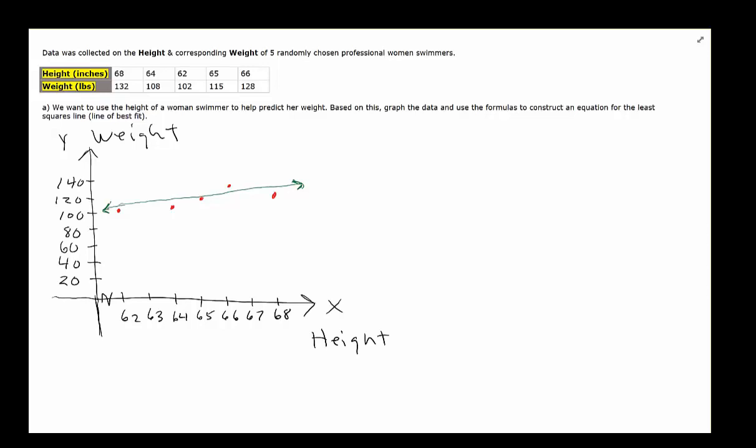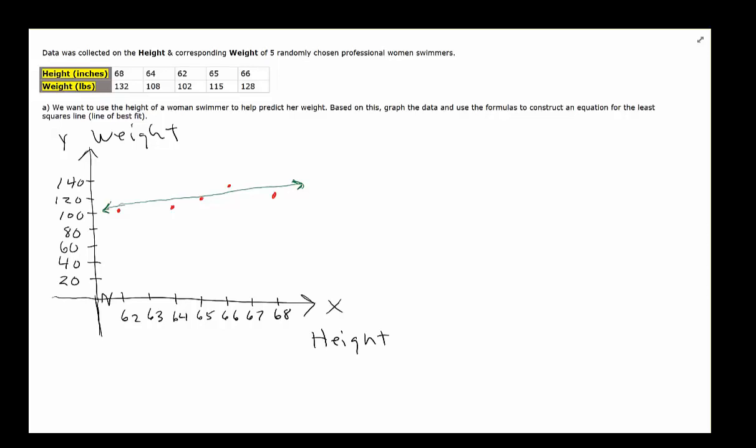I could find a couple points on the line and use those points to get a slope, and then with one of the points use the point slope form to get an equation. And just with graph paper, a pencil and a ruler, I would be able to get pretty close to this line and get a good formula that would help me get a reasonable estimate of a woman swimmer's weight based on her height.